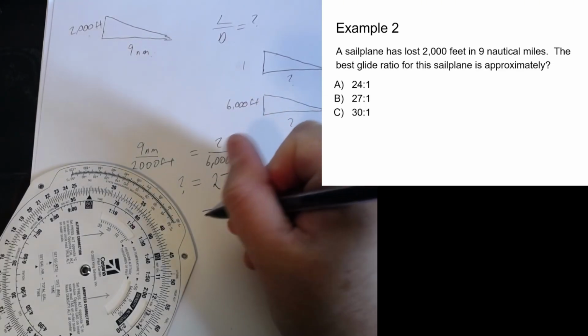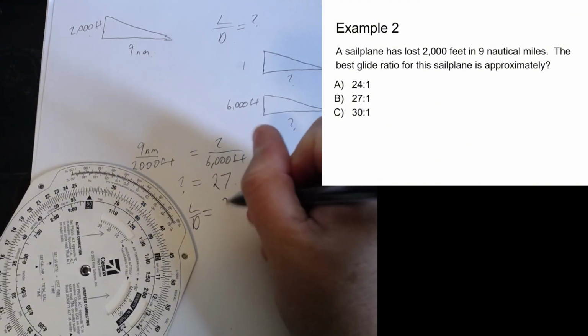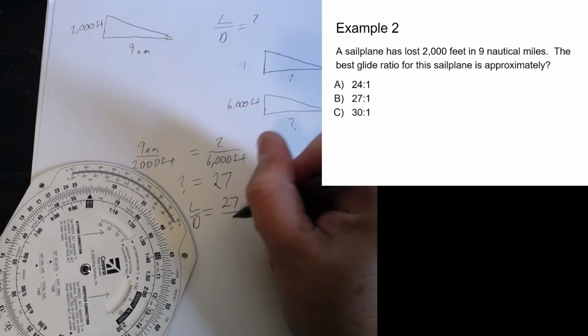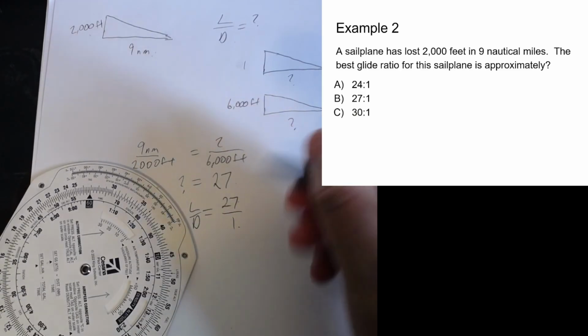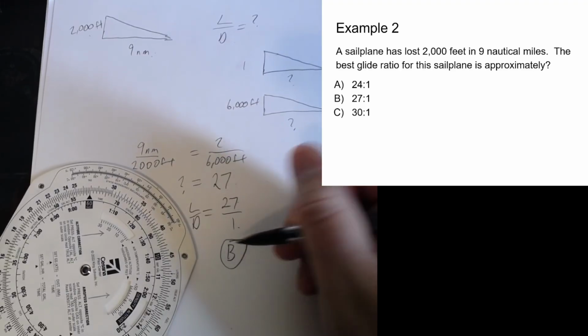So the ratio, the L over D, is 27 nautical miles for every 1 nautical mile it loses. The ratio is 27 to 1, which is answer B.